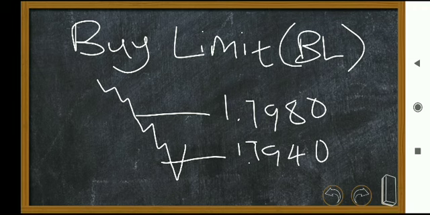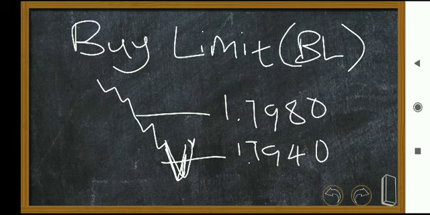This is what we're talking about when we say the market must touch this price, then reverse or retrace. So this is how it will work. The price must be touched, then as it goes up above that price, the order is activated or triggered automatically.